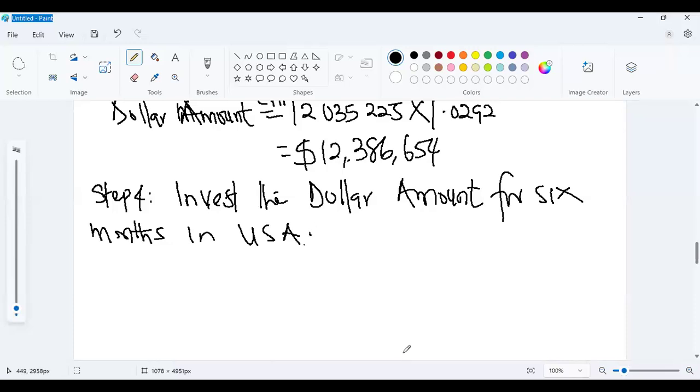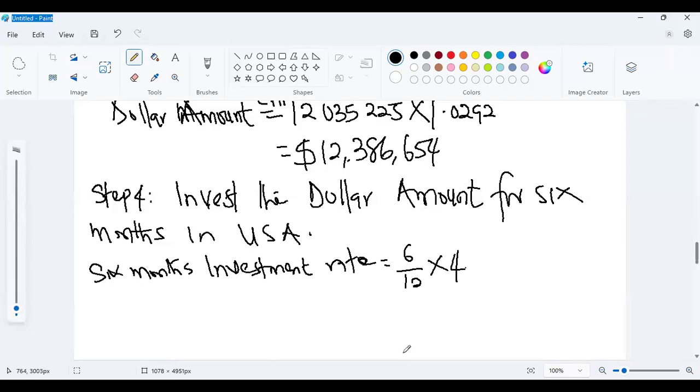So we need to calculate 6 months investment rates. This is equal to 6/12 multiplied by 4.6%. That will give you 2.3%.